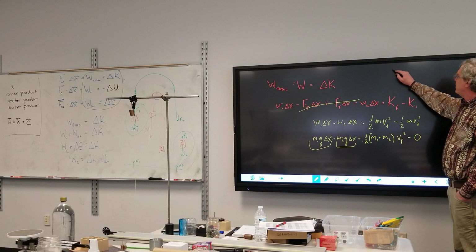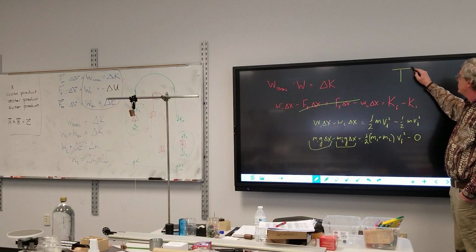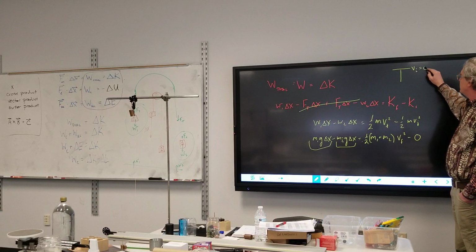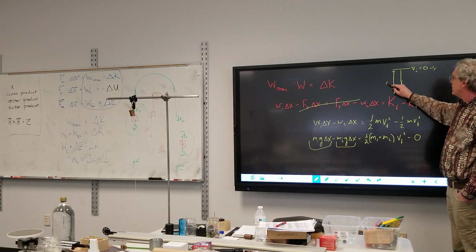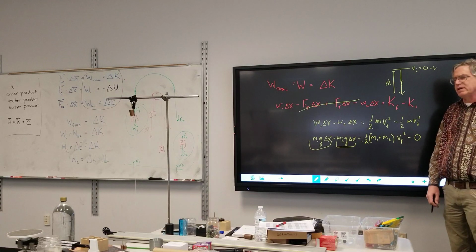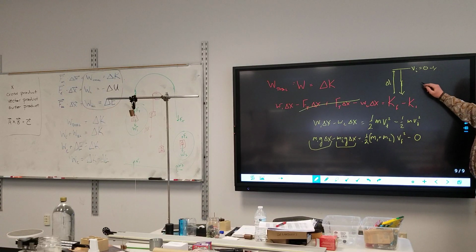Well, I know that if I drop an object, so if it starts from rest, so my initial speed is 0, and I drop it, if I measure how much time this takes, then I have some final speed here. If I know the distance and the time, that distance divided by the time is going to be my average speed.